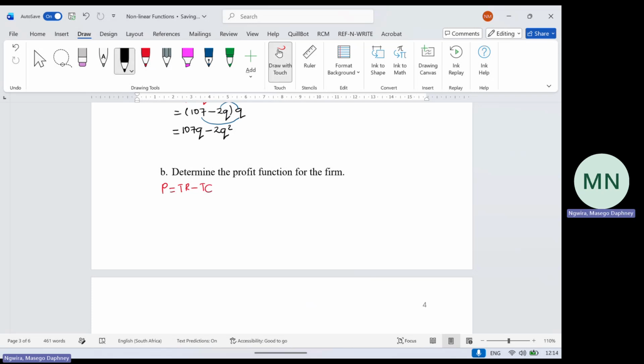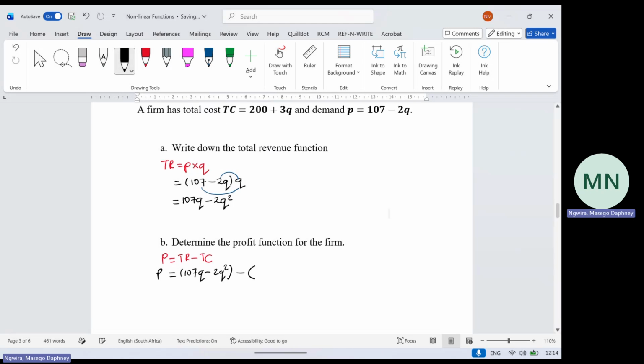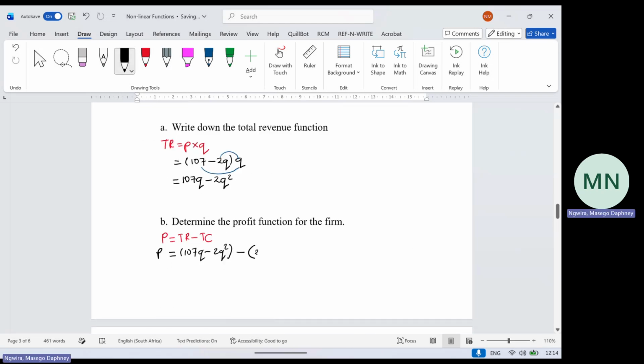Remember, our total revenue, we already calculated it: 107Q minus 2Q squared, then minus our total cost. We were given the total cost, which is 200 plus 3Q.